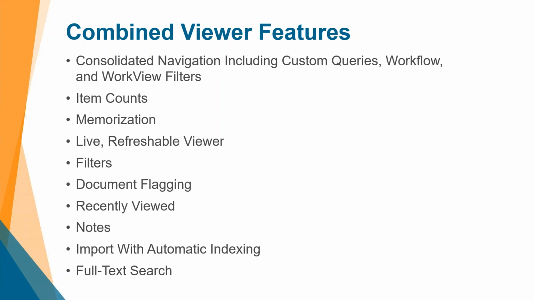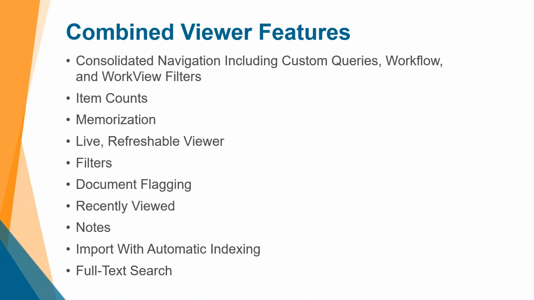This combined viewer shows us different item counts, so how many items show within that particular view that we have configured. There's memorization, remembering where you left off. Everything is refreshable. It's live, so as new documents are being added, you would actually see those coming into the system as soon as you refresh that view.